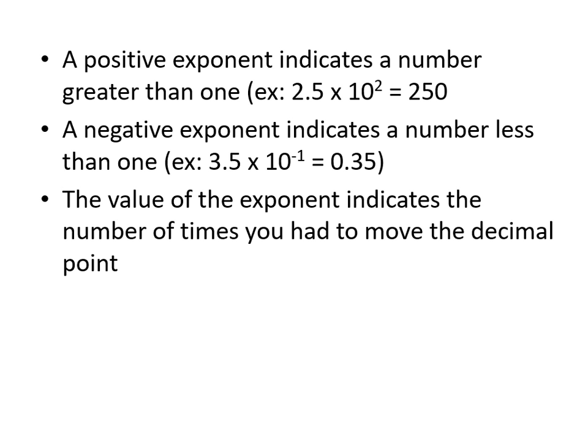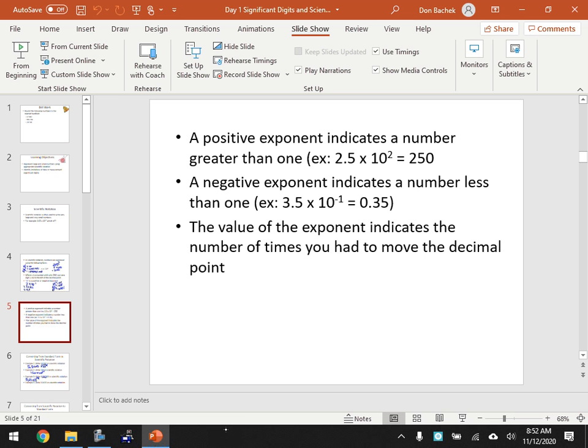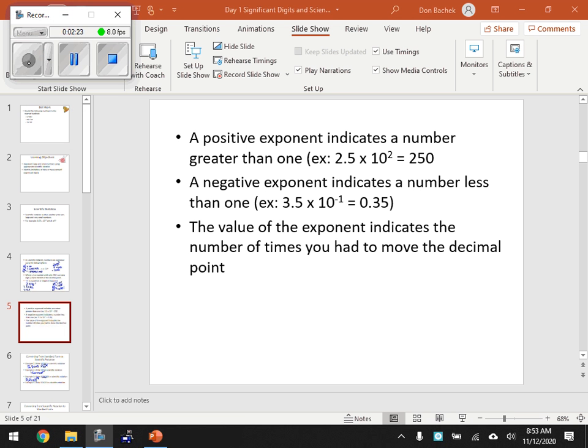And a negative exponent indicates a number is less than 1. There's a couple of examples if you just want to write them down real quick, that probably wouldn't hurt. And then the value of the exponent indicates the number of times you have to move the decimal point. Positive 2, you're going to move it 2 to the right, and like I said, 2 to the negative 2 would be 2 to the left.